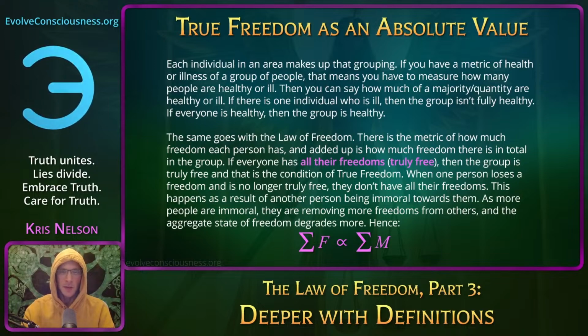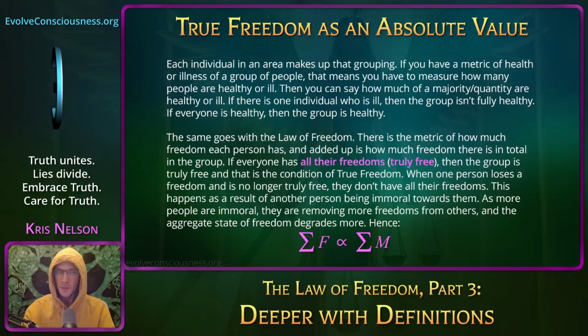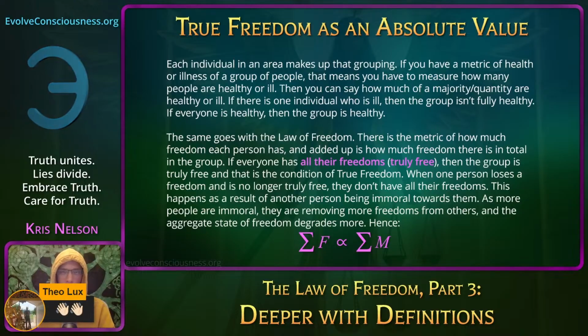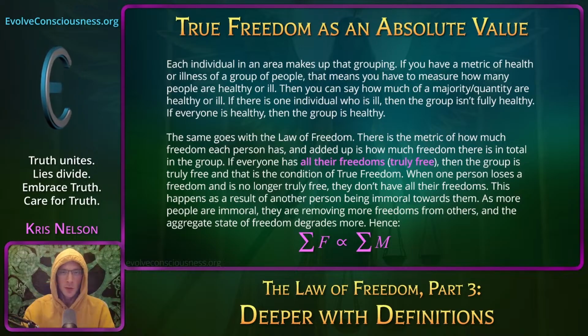If everyone has all their freedoms, so all your natural rights respected, that means you're truly free, then the group is truly free, and that is the condition of true freedom. When one person loses a freedom and is no longer truly free, they don't have all their freedoms. This happens as a result of another person being immoral towards them.